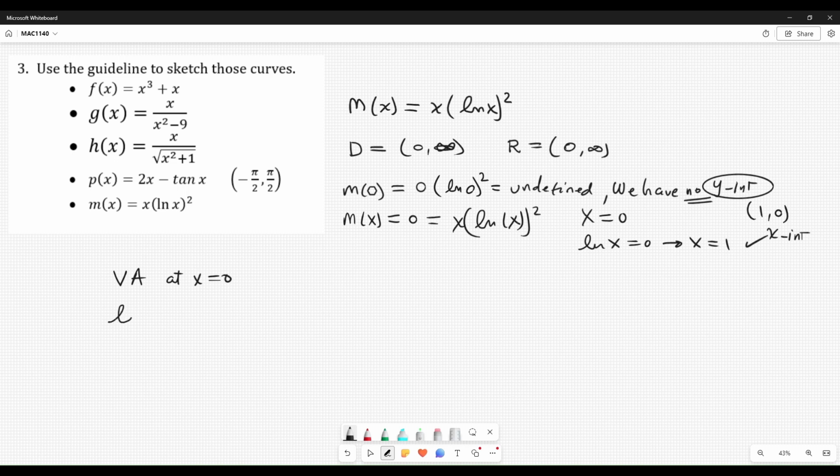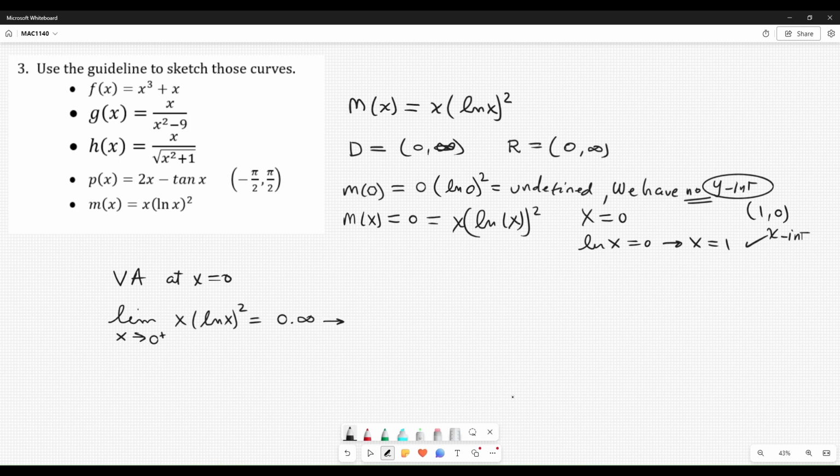You compare the limit when x approaches 0 plus of our function. Plug in: this is 0 times infinity. The logarithm of 0 plus is negative infinity, but negative infinity squared is positive infinity. This is indeterminate, not ready to apply L'Hopital.